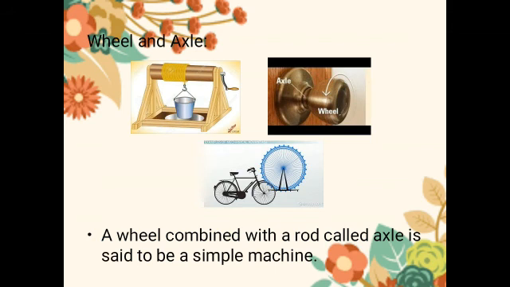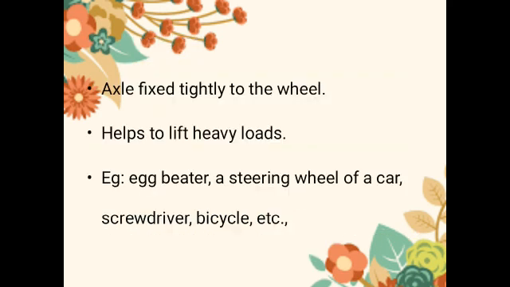Then wheel and axle. A wheel combined with a rod called an axle is a simple machine. As shown in this figure, the wheel is combined with the rod. A bicycle wheel and even our door lock are very good examples of wheel and axle.